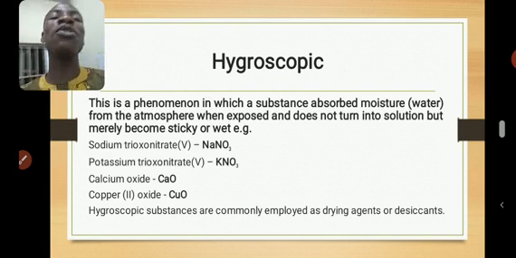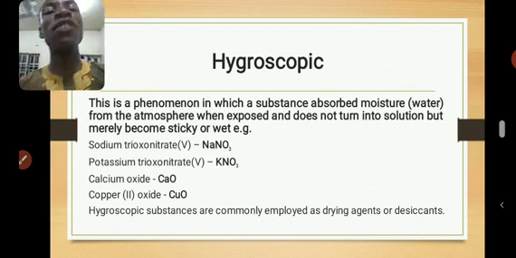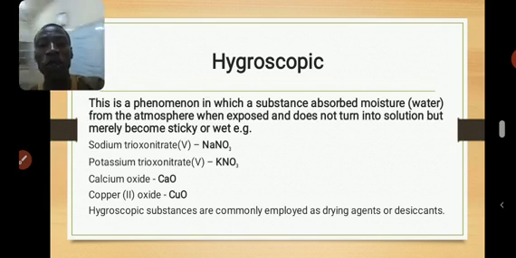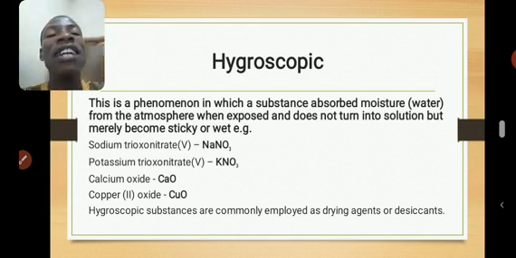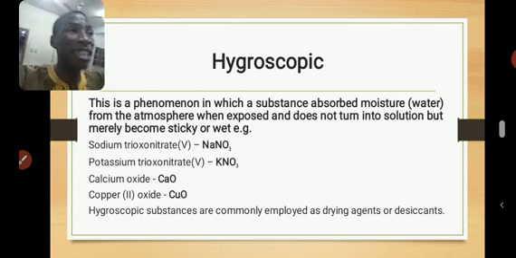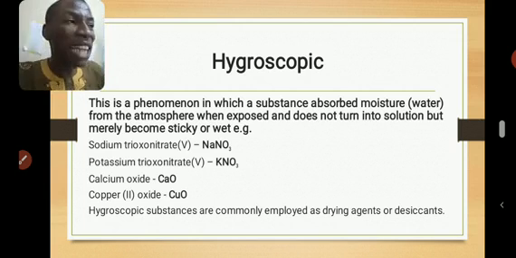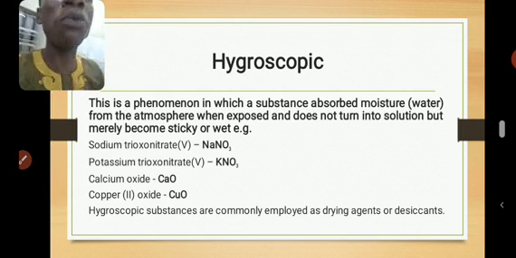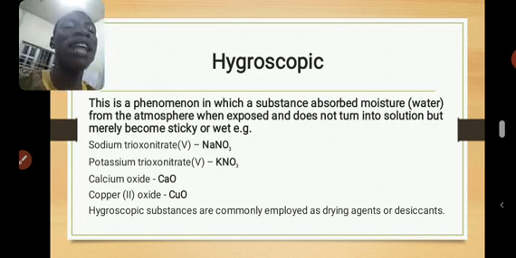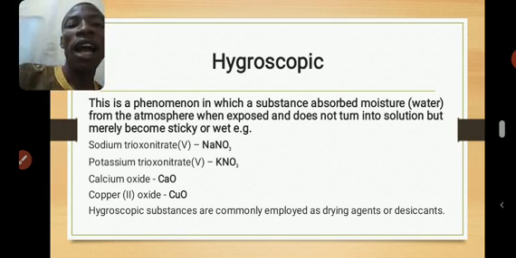The name of the liquid is concentrated tetraoxosulphate(VI) acid, conc H2SO4. It's very hygroscopic. If you expose it to air, it absorbs water from the atmosphere and dilutes itself in the water up to 4 times. That's how hygroscopic H2SO4 is.